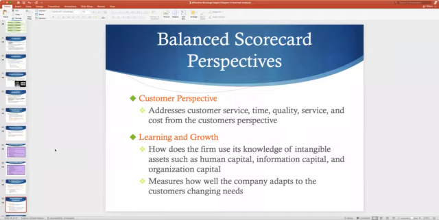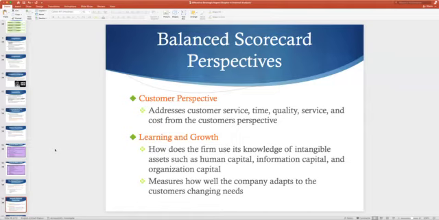Second area, learning and growth. Now, is the firm taking the knowledge that it has, that human capital, the information capital, the organization capital, all that intangible knowledge that it might gather there from all of the internal and external sources that it has? Are they taking that information and are they using it for learning and growth?